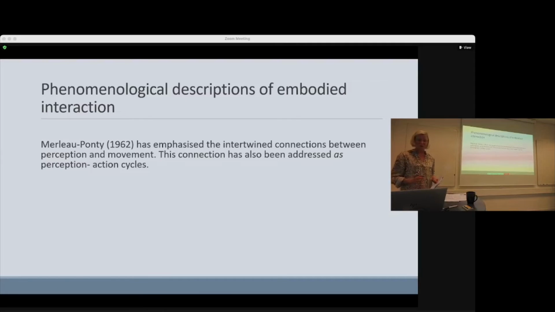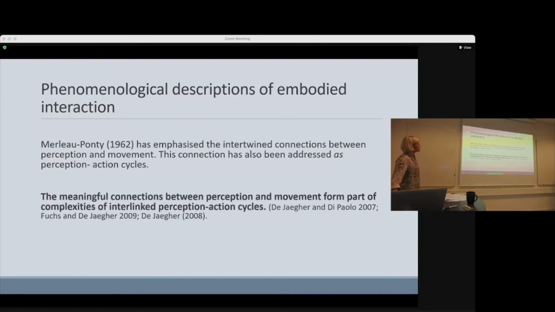So, first of all, if we look into Merleau-Ponty, if you talk about embodiment, especially in Merleau-Ponty's work, he emphasized the intertwined connections between perception and movement. And you'll find other places where this connection has also been addressed as perception-action cycles. What I move on to use here is the work of De Jaegher and different collaborators.